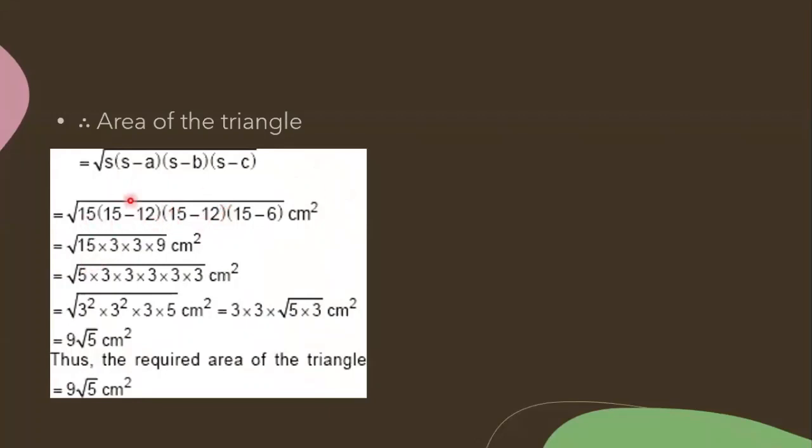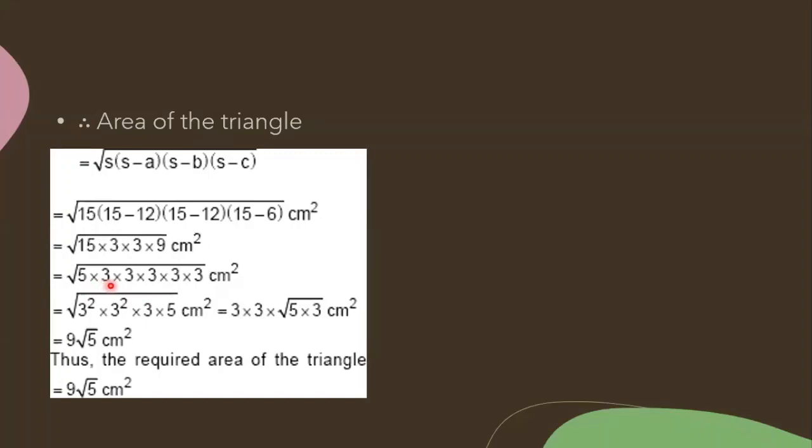So 15 minus 12, 3. Again 15 minus 12, 3. 15 minus 6, 9. So 15 I write in the form of product of prime numbers, that is 5 into 3. I'll write 15 and 9 as a product of prime numbers.